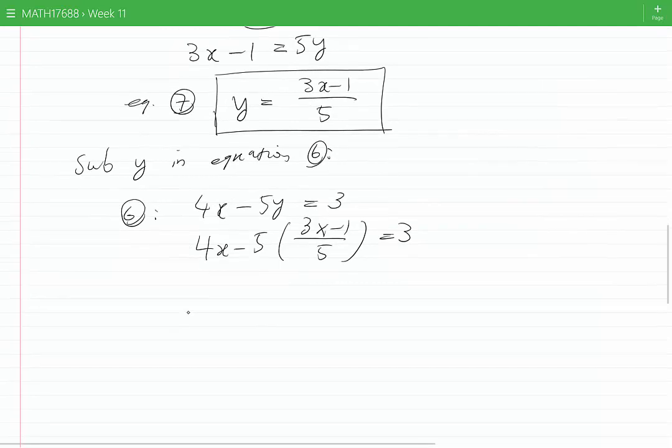As you can see, we have one equation involving one variable only now, and this means we can find the value of that variable. Let's proceed further.